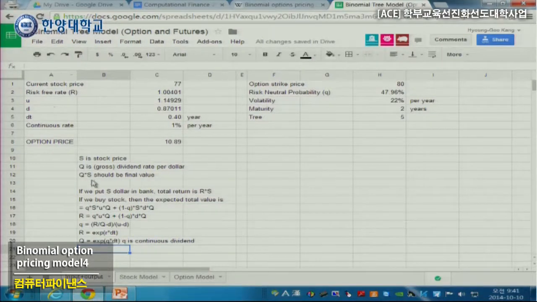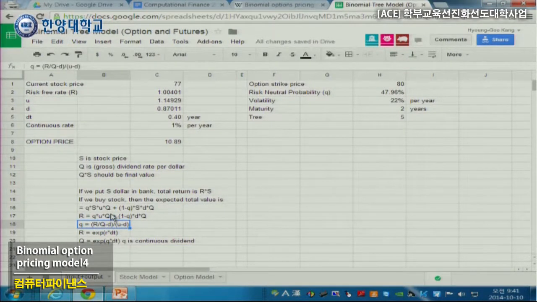So in this case, R over Q. Let's go back to our risk neutral probability. In order to make small q between 0 and 1, R divided by Q should be between U and D. Otherwise small q is not a probability. This one should be between U and D, then small q is between 0 and 1.